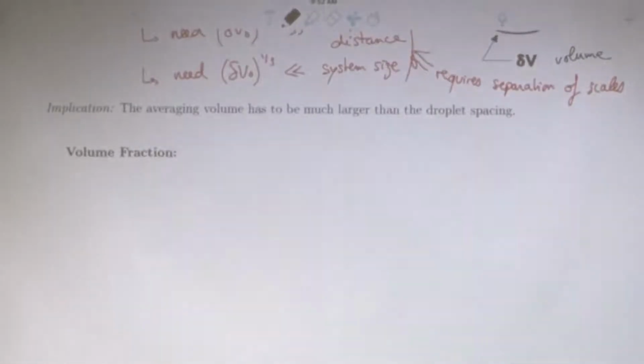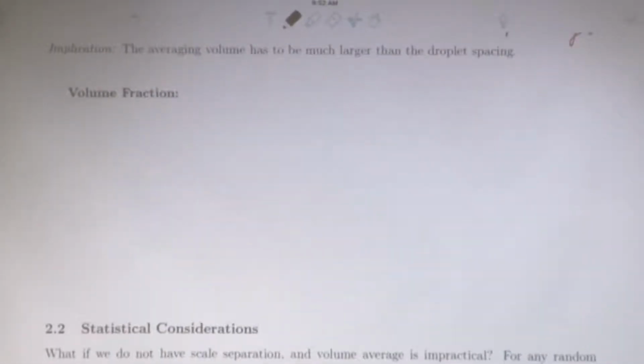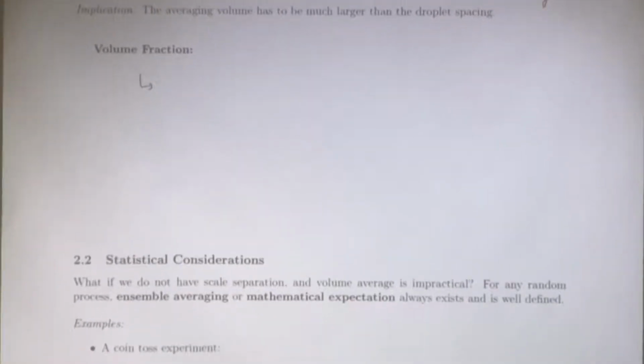Okay, we'll ignore that for a second, and then we'll go back to this from the perspective of proper statistical considerations. Once you have the number density, obviously, you can extract from that the volume fraction. So instead of counting the particles, you can count the volume.